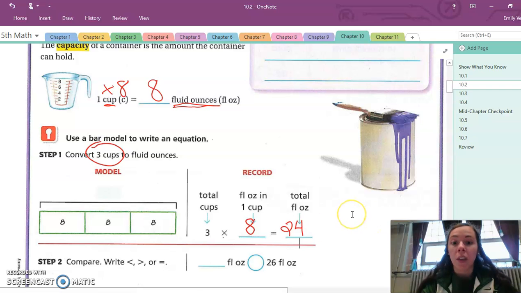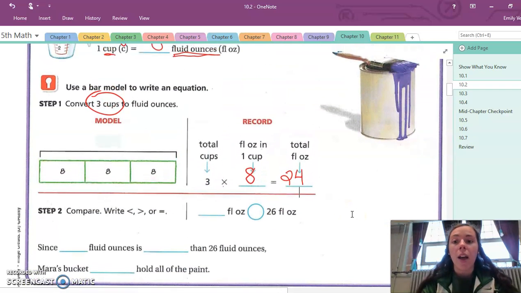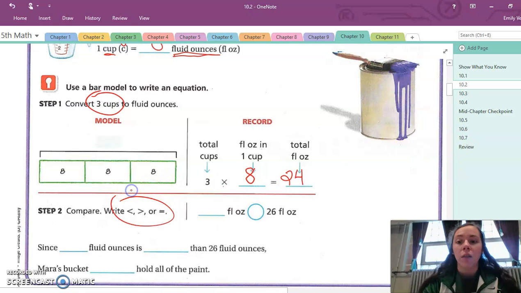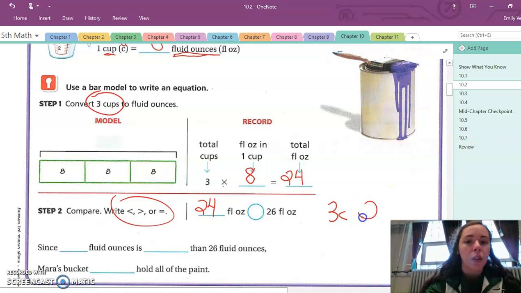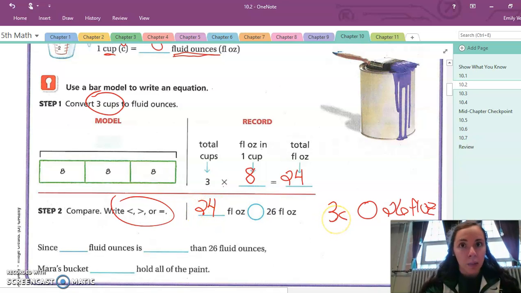Okay, and something that they'll also have you do is compare, like we did in the last one. Here we just found that we had 24 fluid ounces in 3 cups. So you could also see this written as 3 cups to 26 fluid ounces. This would be the same as this because we just found out 24 fluid ounces is 3 cups.